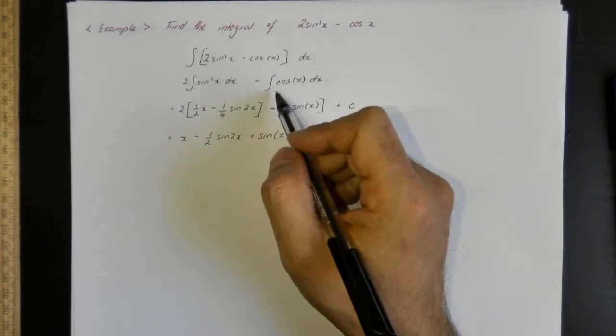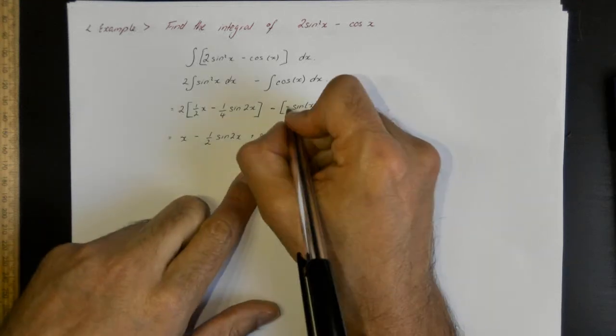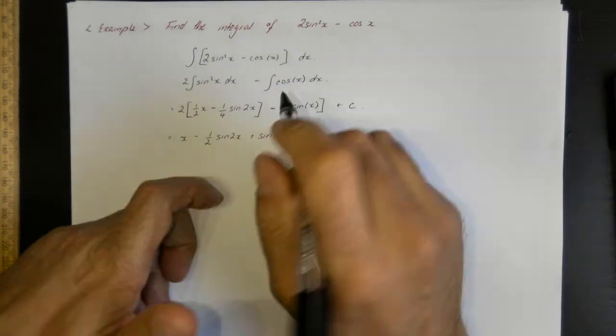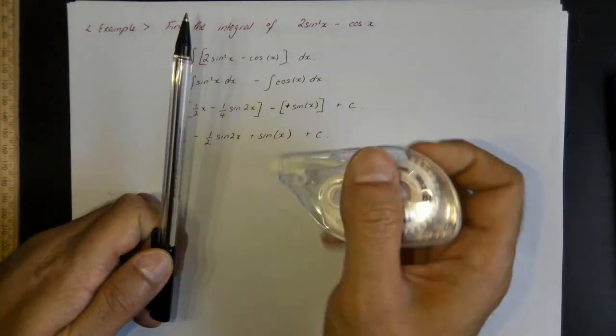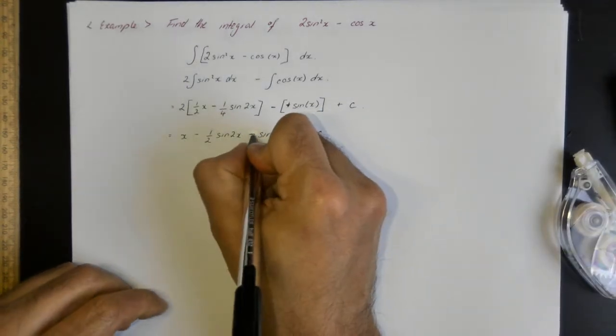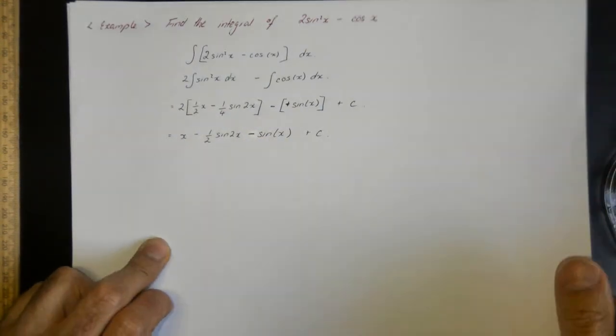Sorry, the integral of cos gives you positive sine, so that's actually minus.